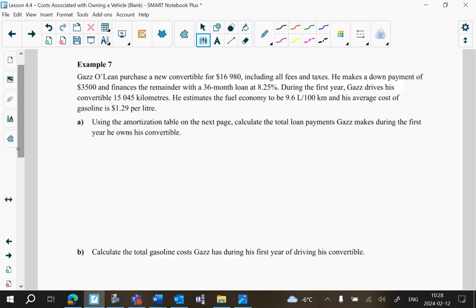During the first year, Gaz drives his convertible 15,045 kilometers. He estimates the fuel economy to be 9.6 liters for every 100 kilometers, and the average cost of gas is $1.29. Using that amortization table on the next page, calculate the total loan payments Gaz makes during the first year he owns his convertible.